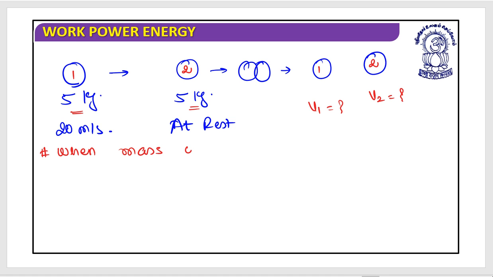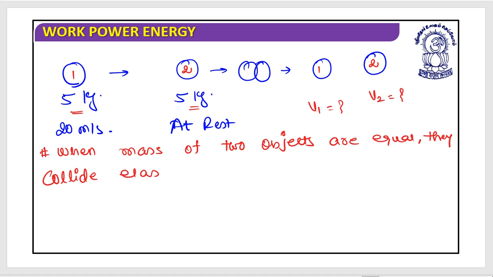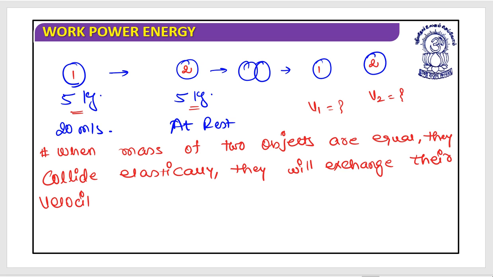So when the masses of two objects are equal and they collide elastically, they will exchange their velocity. I hope this is clear.